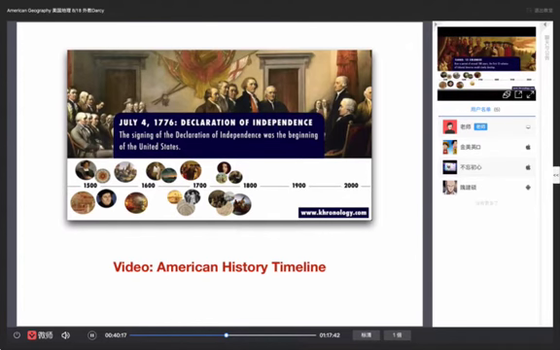So the formation of the original 13 colonies in 1600.